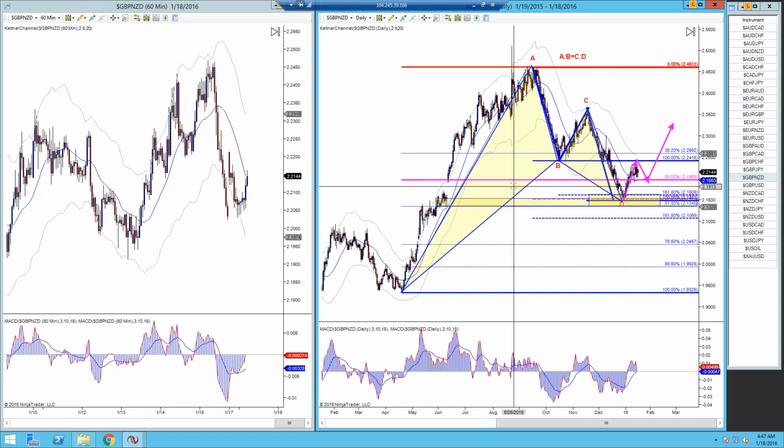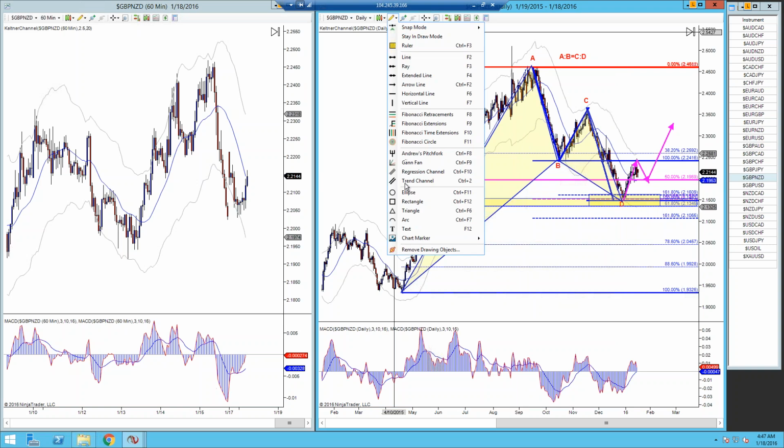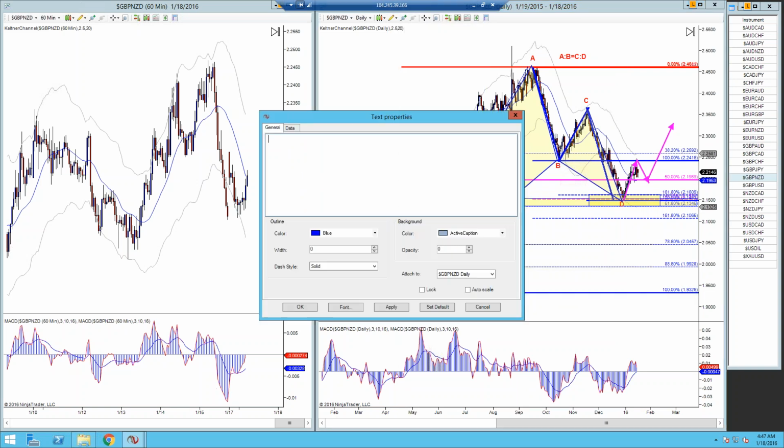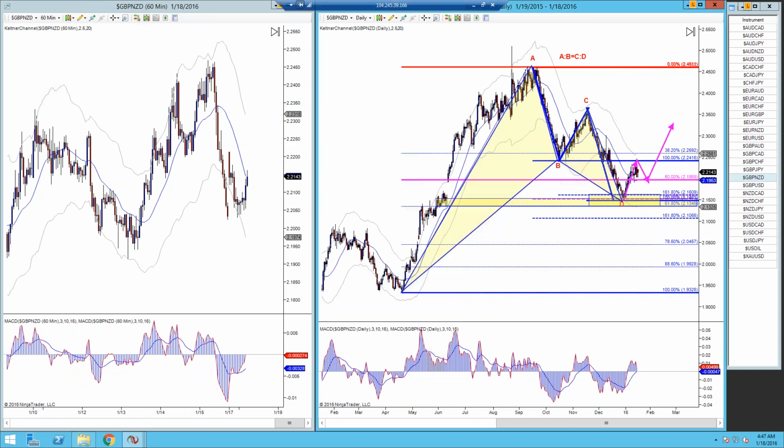This is more market geometry, what they call an XABCD pattern. And this is that A to B, C to D. So GBP-NZD, real important to watch.